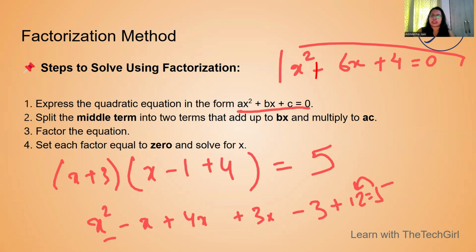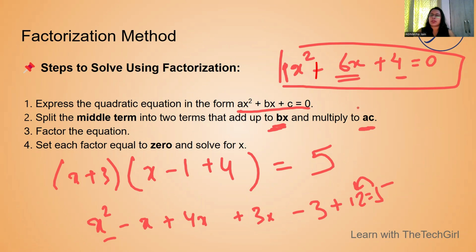Now that you have this equation, split the middle term into 2. You split this term into 2 parts such that they add up to bx and multiply to ac. A is 1 in this case and c is 4.